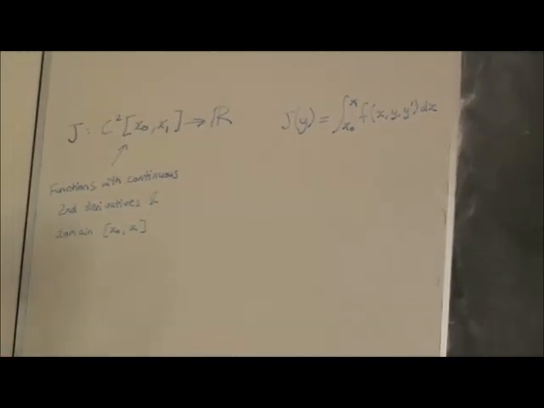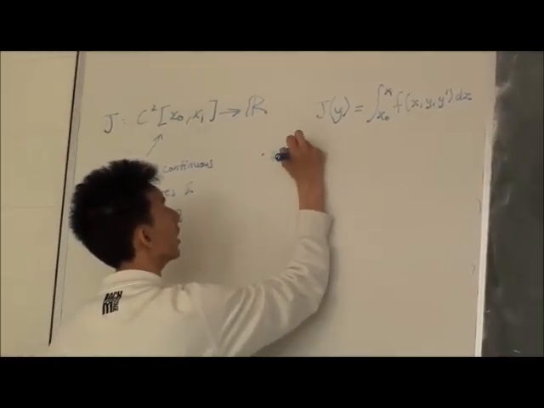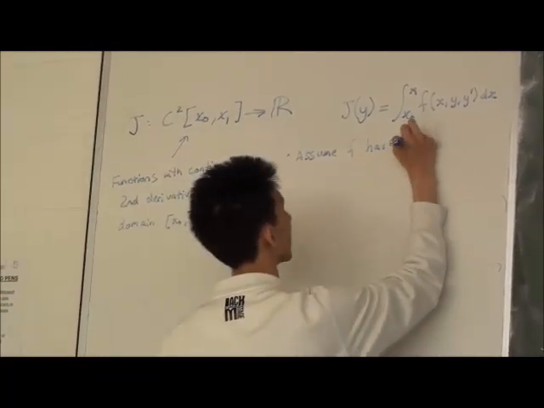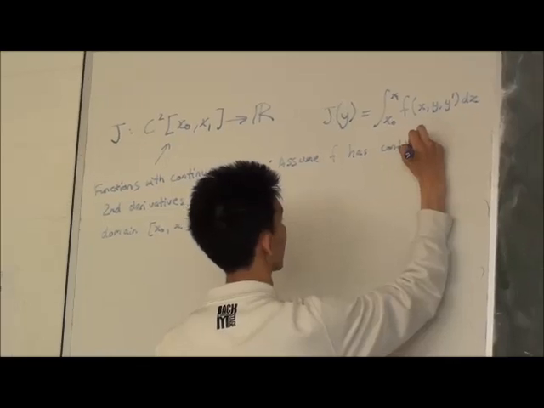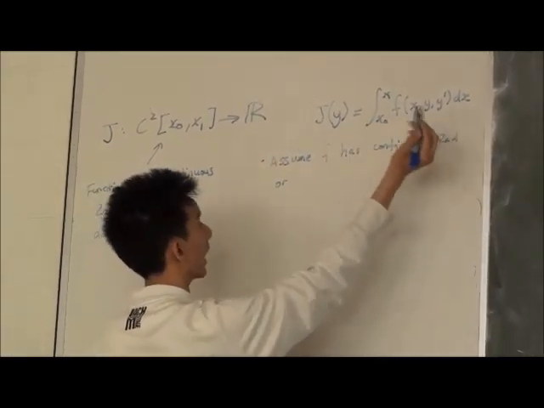Now there's a few assumptions we need to make, which will come in useful later on, so I'll just write them up now. We need to assume that f has continuous second order partial derivatives with respect to x, y, and y hat.